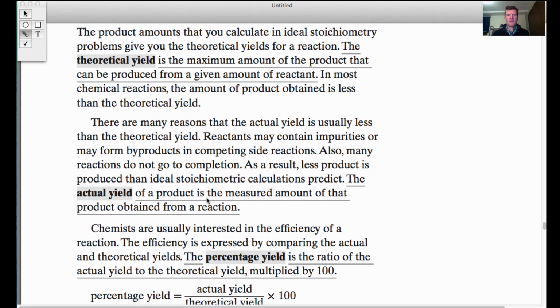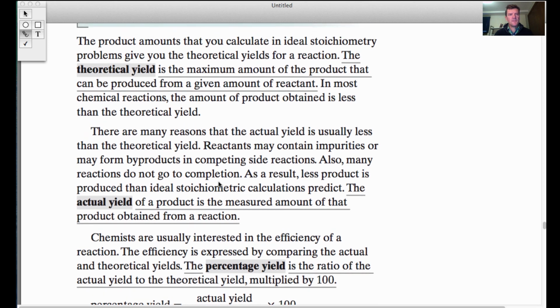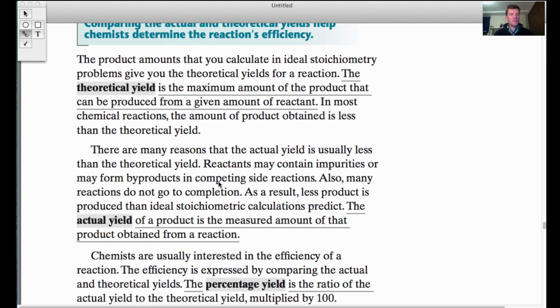Okay, last part of this, and like I said, there'll be more problems like this in the review questions for you. All right? As I mentioned, when we have a reaction, we think, well, this is the ideal amount. If everything goes perfectly, this is how much we think we're going to get. That is called the theoretical yield.